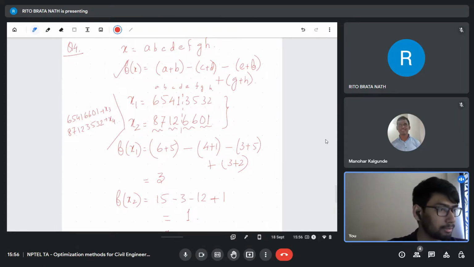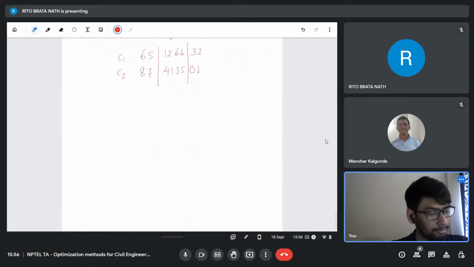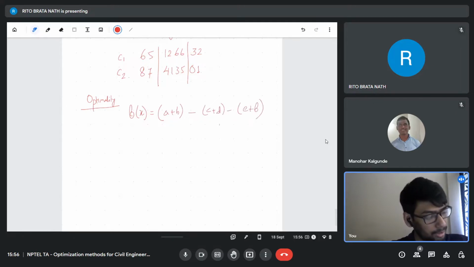Then I think there was one question on the optimality. Okay, so let me briefly discuss that. So in this kind of a setup, suppose this is your optimality. Your fitness function was given as a plus b minus c plus d minus e plus f plus g plus h.